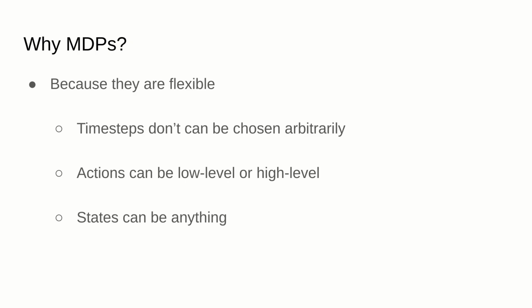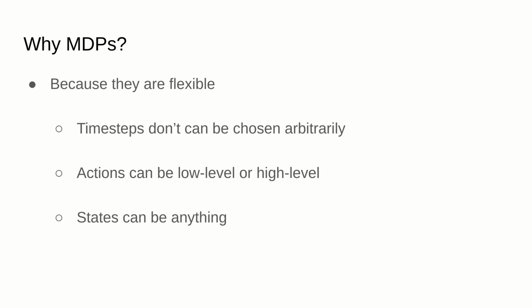The reason that MDPs are used to represent problems in reinforcement learning is that they're so flexible. For example, the timestamps don't have to correspond to real time. They can be arbitrary. The actions could be low level, for example, controlling the velocity on robot motors, or high level, for example, controlling general direction of movement for a robot arm.